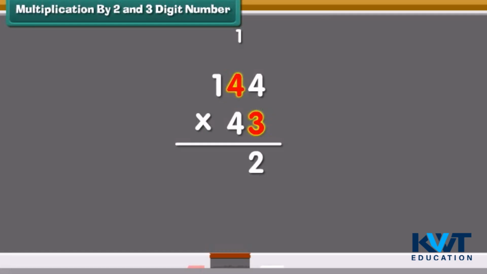Multiply 3 with the number on tens place, that is, 4 equals 12, and add 1 which was carried forward, that is, equal to 13. Write 3 in the tens place and carry the 1 forward to the hundredth place. Multiply 3 with the number on the hundredth place and add 1 which was carried forward. We write 4 in the hundredth place.